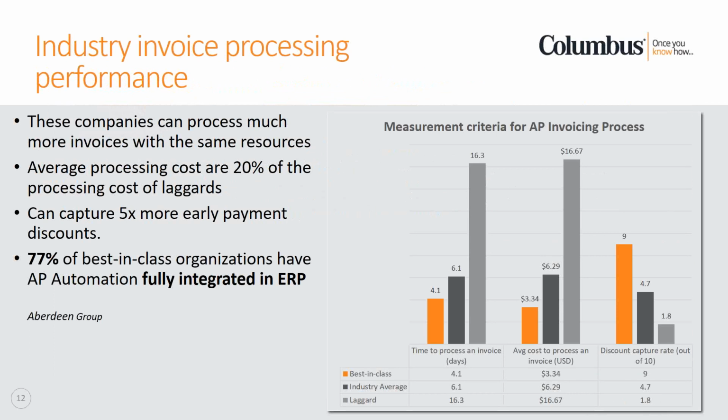The interesting takeaway from that Aberdeen Group study was the statistic that 77% of those best-in-class organizations have AP automation fully integrated in their ERP. Not all of those have invoice workflow, clearly, but they have some form of AP automation that's tightly integrated into the ERP system.